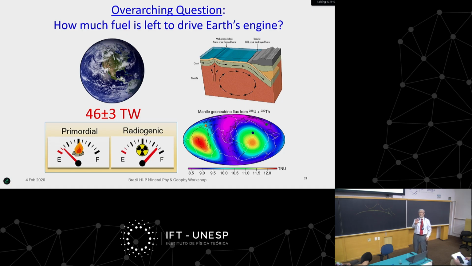We do not have a fuel gauge. We have no idea, relatively speaking, how much of the initial primordial Earth's accretion kinetic energy is left versus how much radioactive energy is left inside the planet. When we do our job to completion in the geoneutrino business, I will give you one of the gauges, and by subtraction, you'll know what the other gauge is. Then this vehicle will have an appropriate fuel gauge. So that is what I'm trying to do: deliver you a fuel gauge.